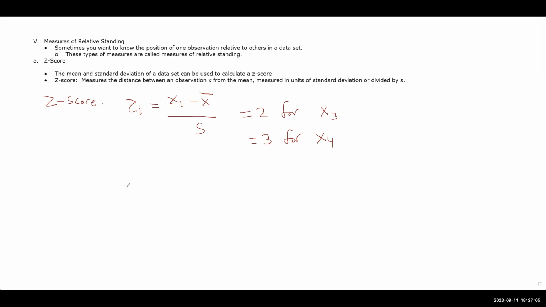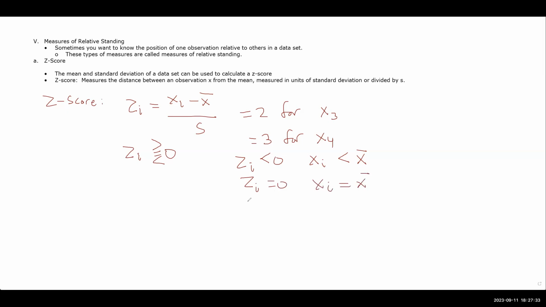Okay. This zi can be greater than or less than or even equal to 0. If the z-score is less than 0, then the xi is less than the mean. If the z-score is equal to 0, then xi is equal to the mean.